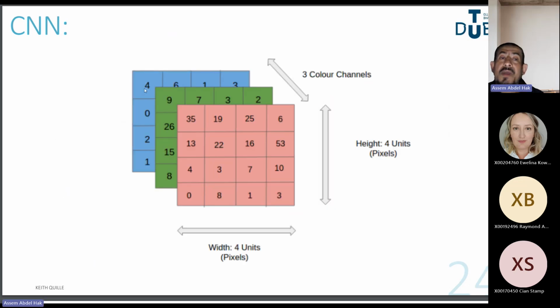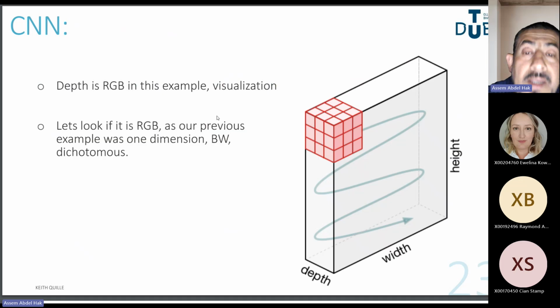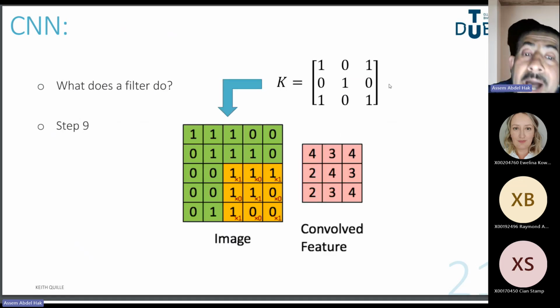What about if I have RGB? We have RGB like this. Guys, before I go on, did you understand how this filter predicts X inside the image?